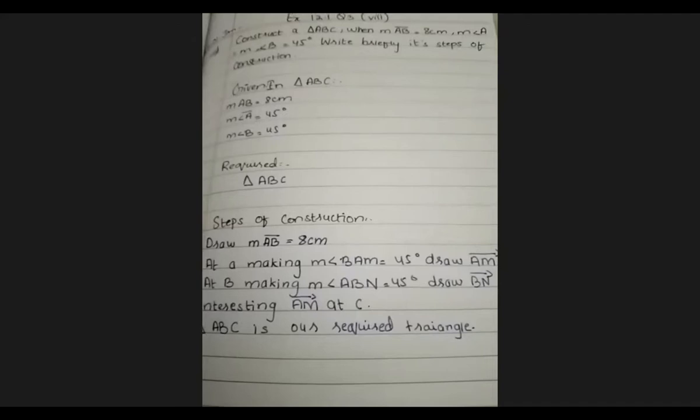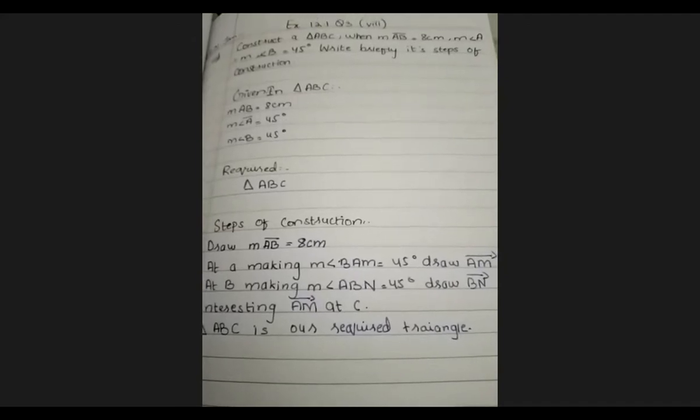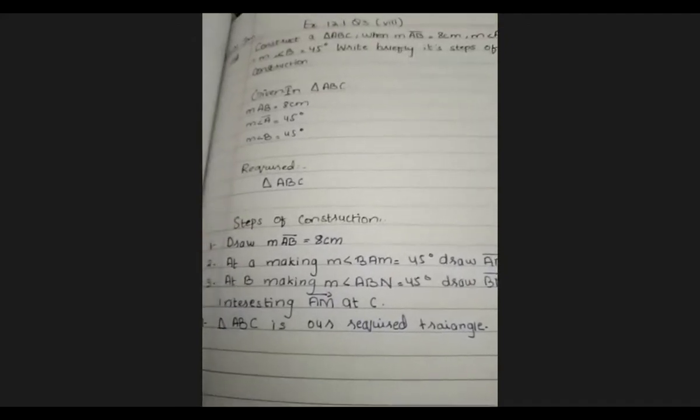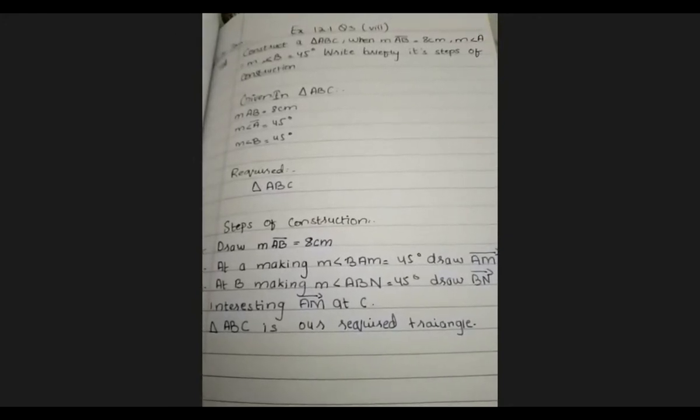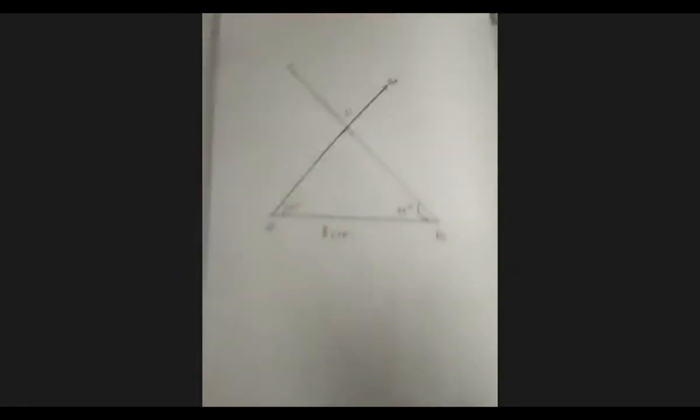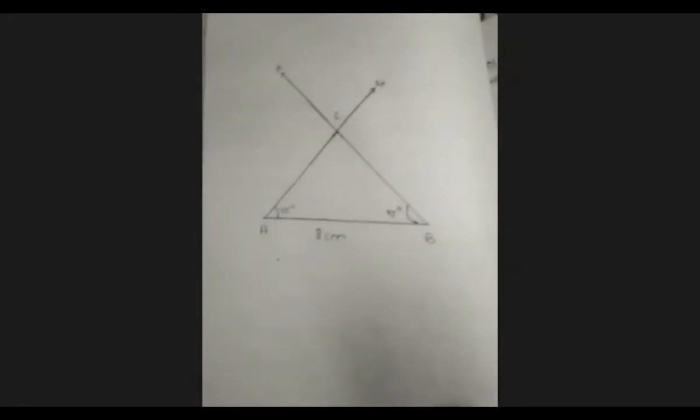At B, making an angle ABN is equal to 45 degree. Draw BN intersecting AM at C. Okay, everything is correct. The spelling of triangle is wrong, Anamta. Anamta, now show me the construction. Show me the construction. Okay, very good. Very good.